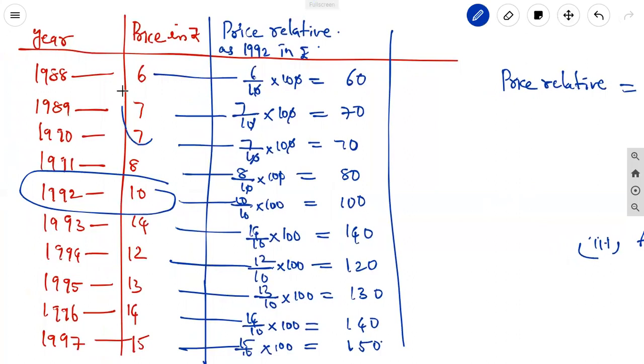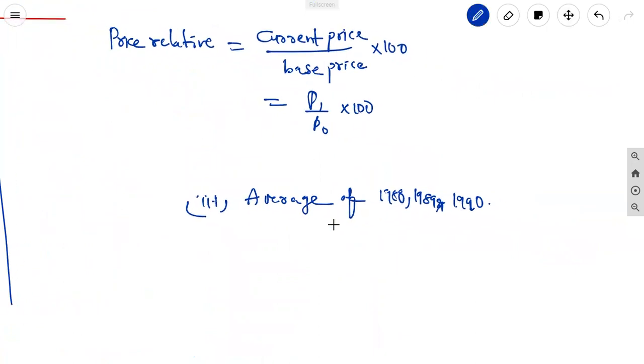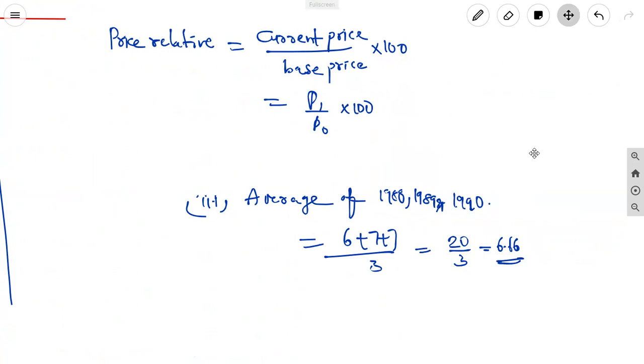What are the values? These three: 6 plus 7 plus 7. How many years are we taking? 3 years. That is equal to 6 plus 7 plus 7 by 3, which is 20 by 3, equal to 6.66 as the base. Here the base P0 is equal to 6.66.